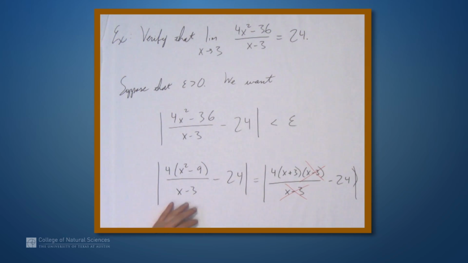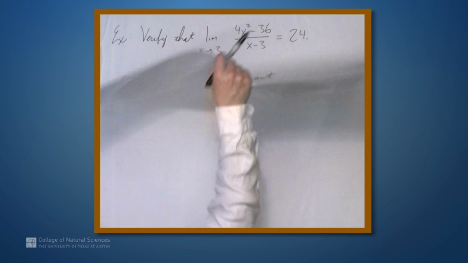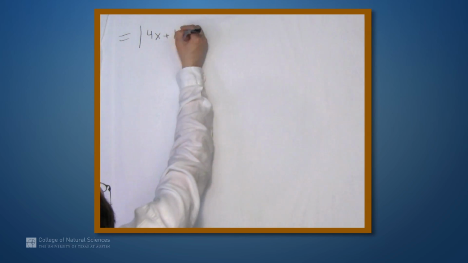They become 1. And so we're left with 4 times x plus 3 minus 24. So let's simplify this with this 24 here in our last step. So carrying over from the last page, we get the absolute value of 4x plus 12.